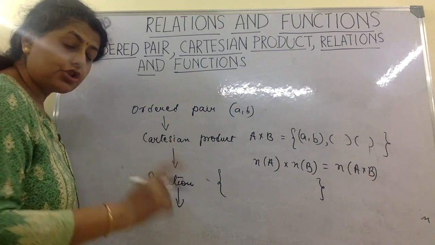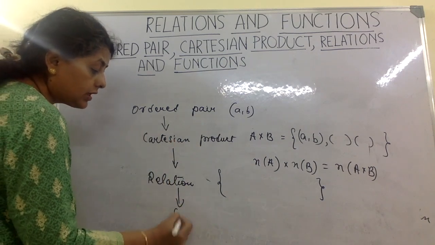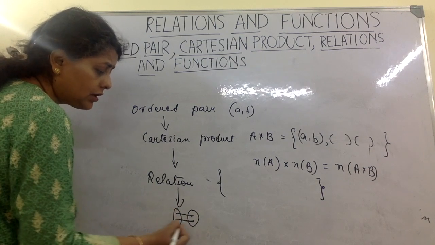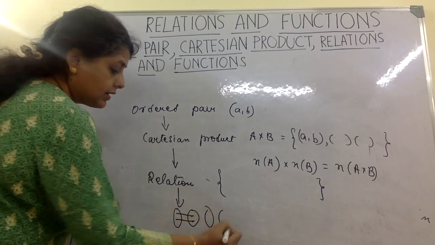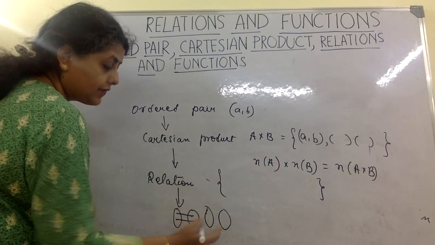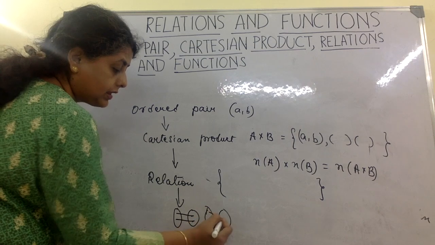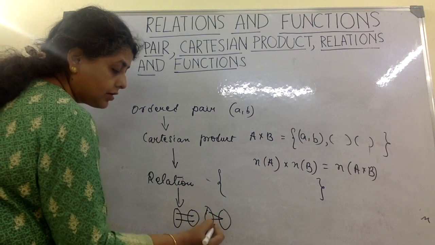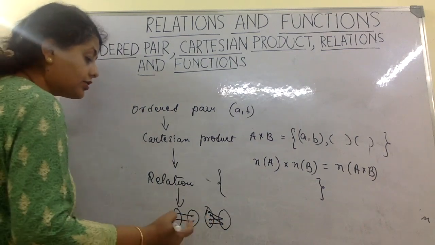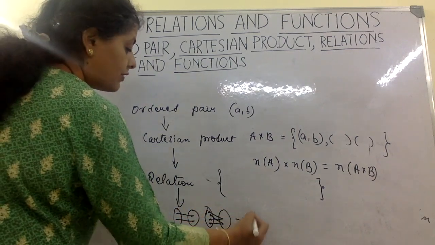It can be a function if it is always either one-one, or it is like this, many-one. So either one-one or many-one can form a function.